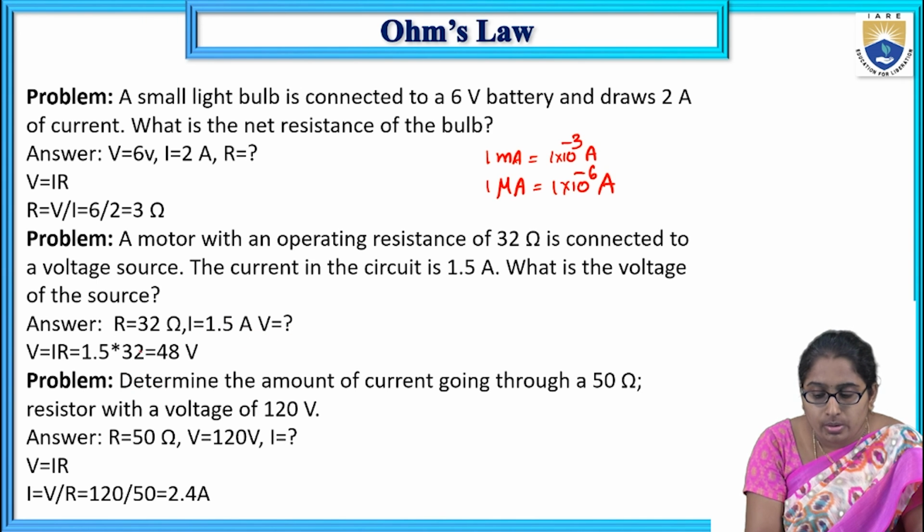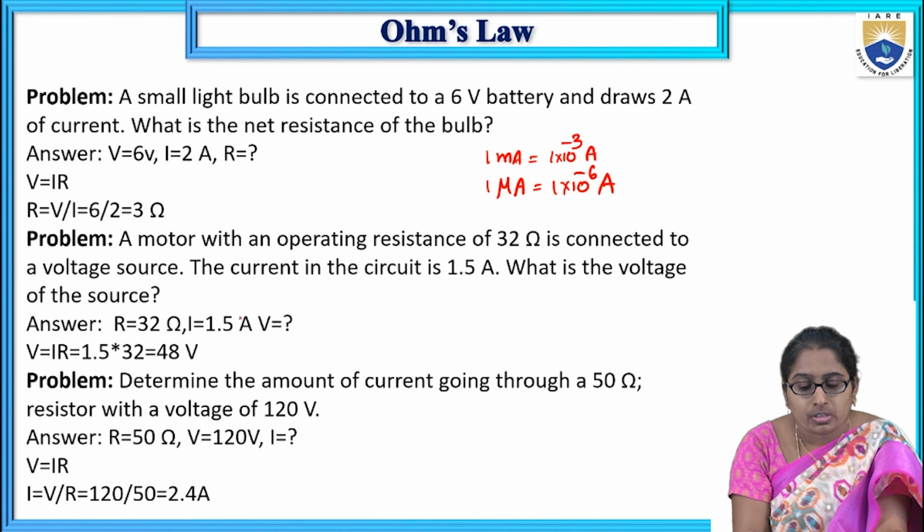V equal to I into R, 1.5 into 32, that means 48 volts.